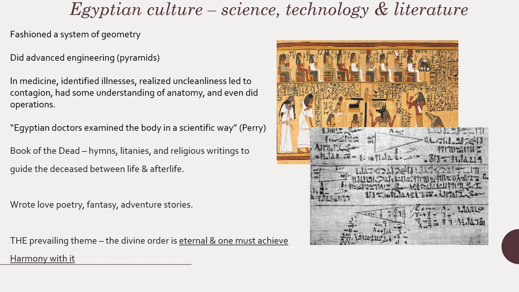They wrote love poetry, fantasy works, adventure stories, so they got quite creative with their different genres and writing styles. The prevailing theme throughout all of these cultural achievements is that the divine order, the universe controlled by the gods, is eternal, and one must achieve harmony with it.